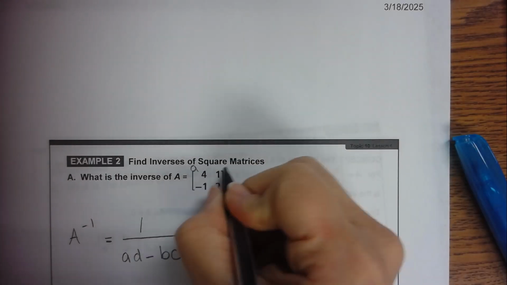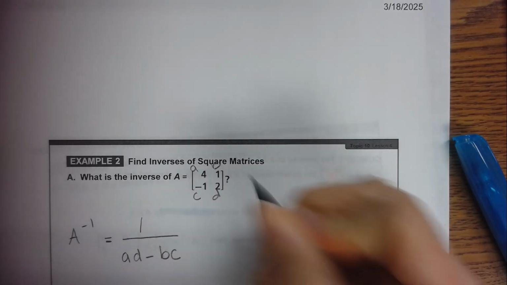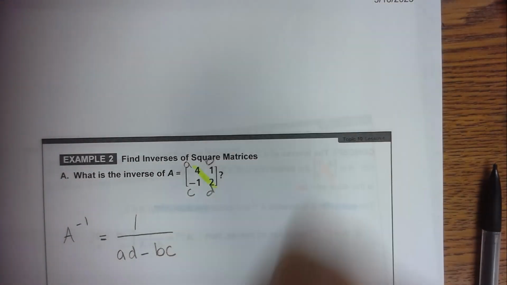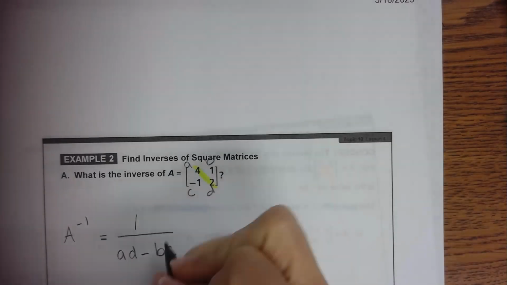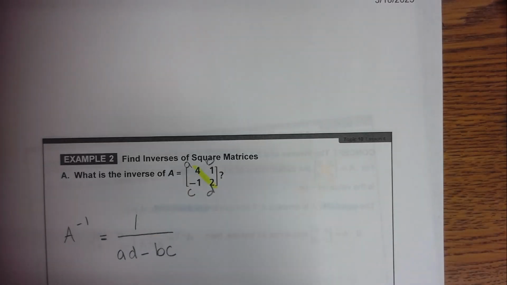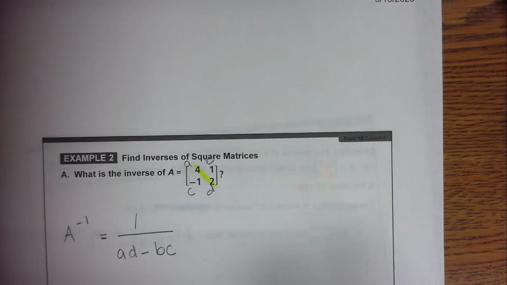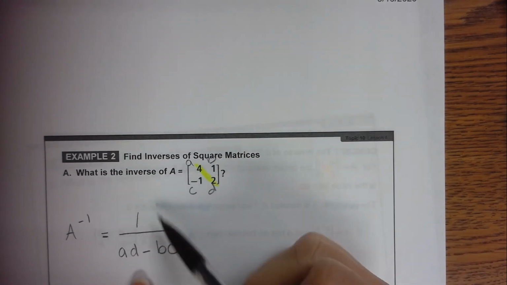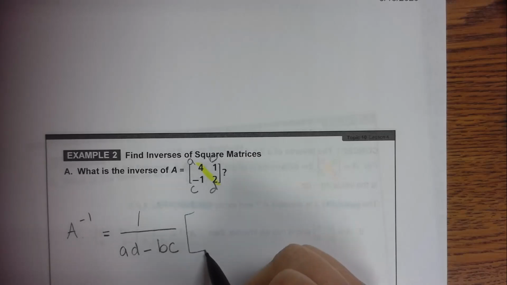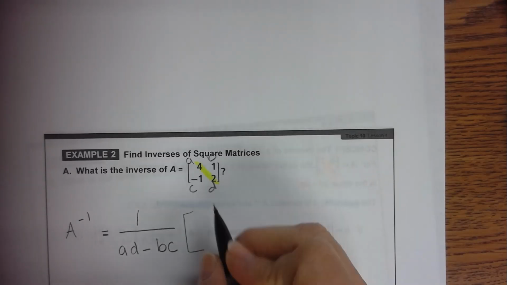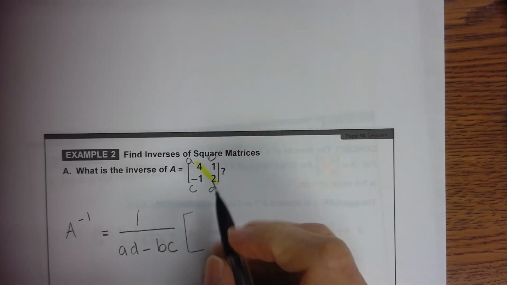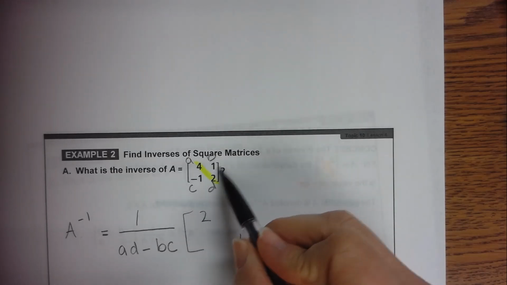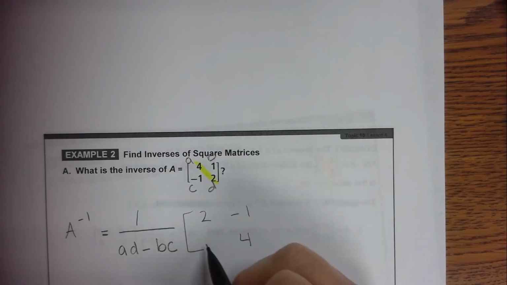So this is A, B, C, D. So it's AD minus BC from the previous slide. Okay, I'm getting ahead of myself. We'll do this calculation here in a bit. So the inverse is 1 over the determinant times you flip-flop the matrix, the A and the D. So this becomes 2, this becomes 4. And then I switch the signs here. So this becomes negative 1 and 1.